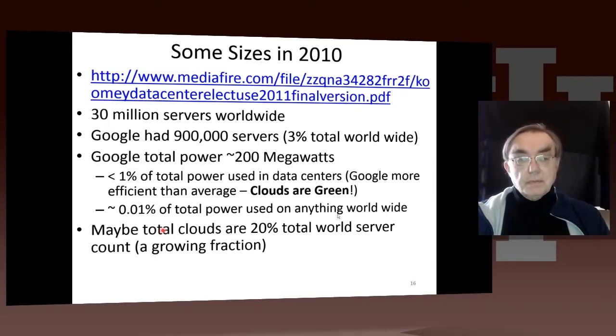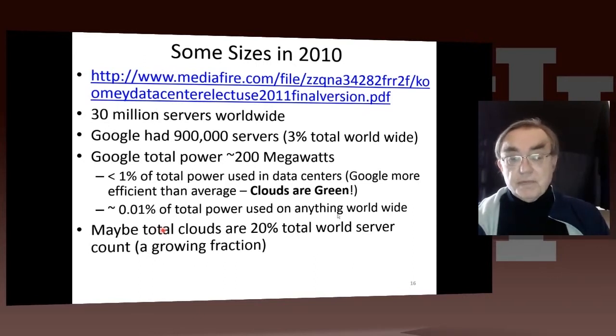But Google used less than 1% of the total power because Google's far more efficient on average, as I pointed out. Clouds are around 1.1, and in 2010, if you average over everything, which includes some catastrophes, the PUE of the standard server is over 3.